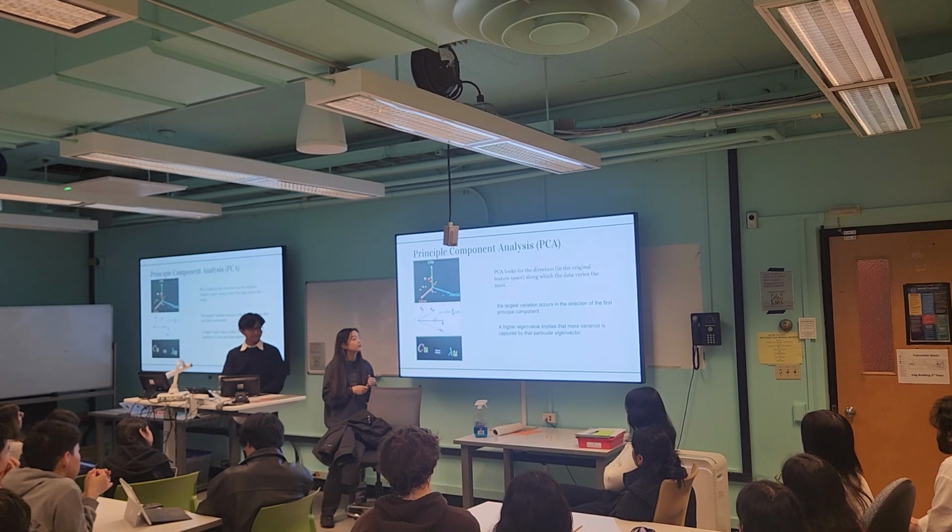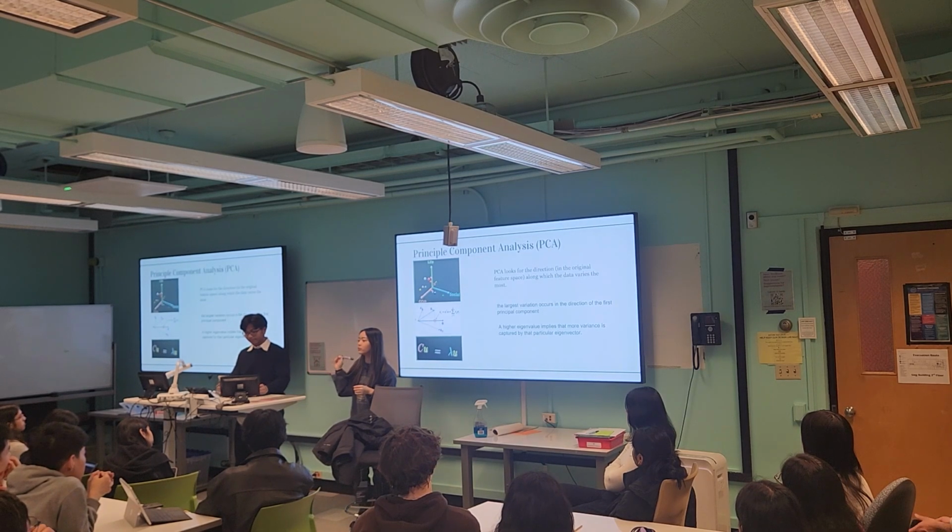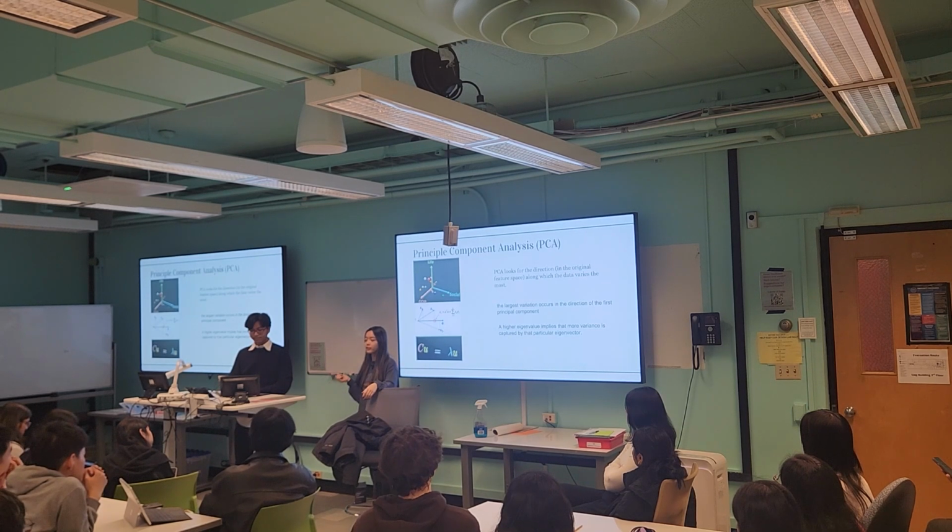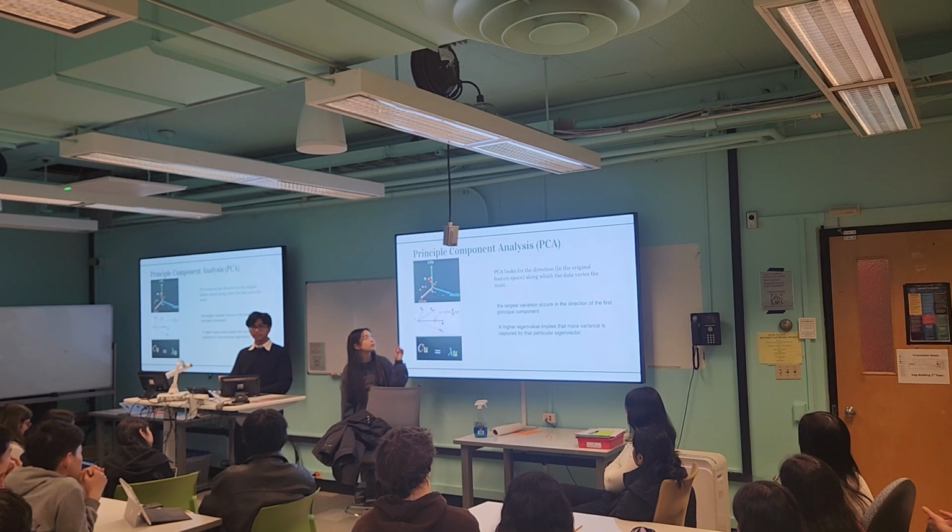Jeffrey was talking about how to use different features to classify different objects. What if the data set is just too big and you want to reduce the dimension of the data? That's when we're going to use principal component analysis.